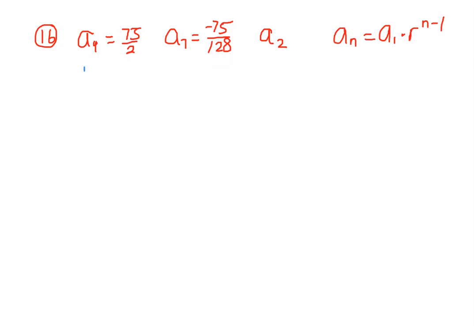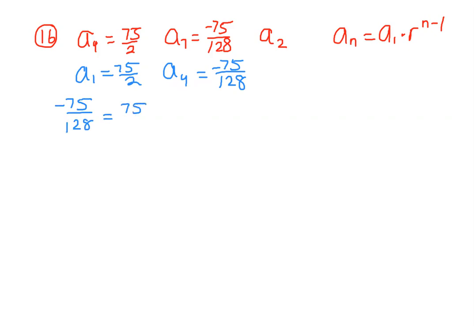What I'm going to do is call this a4. So then I can use these to find what r is, and I can say a4 equals a1 times r to the 4 minus 1.